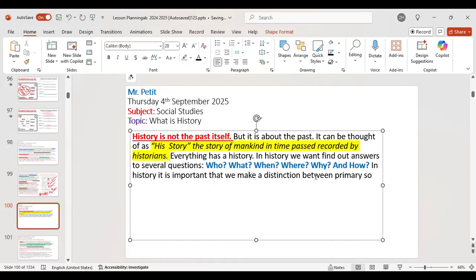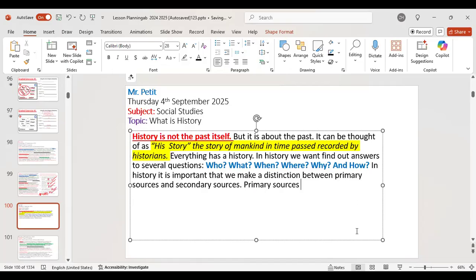Primary sources and what? Secondary sources. Okay. Now, what are primary sources?